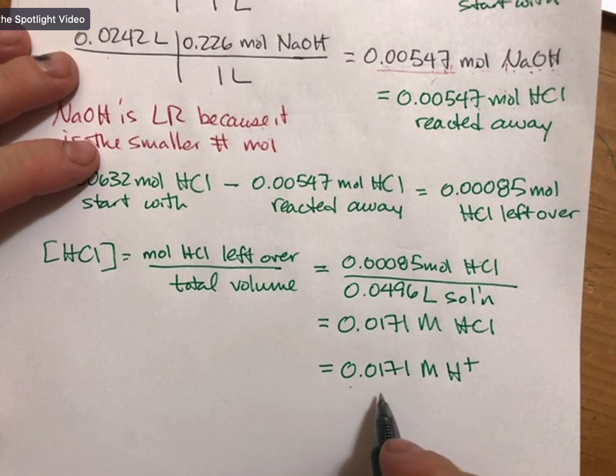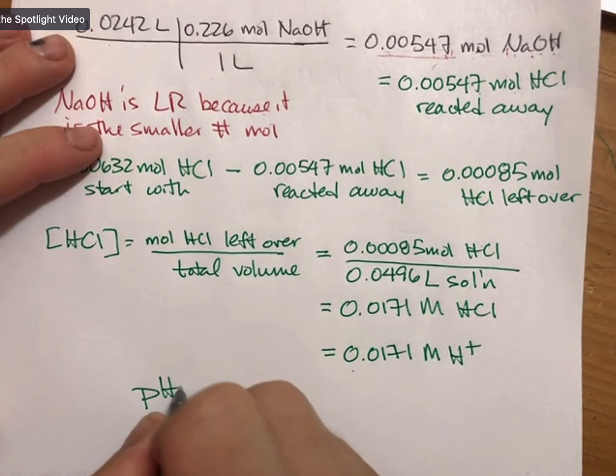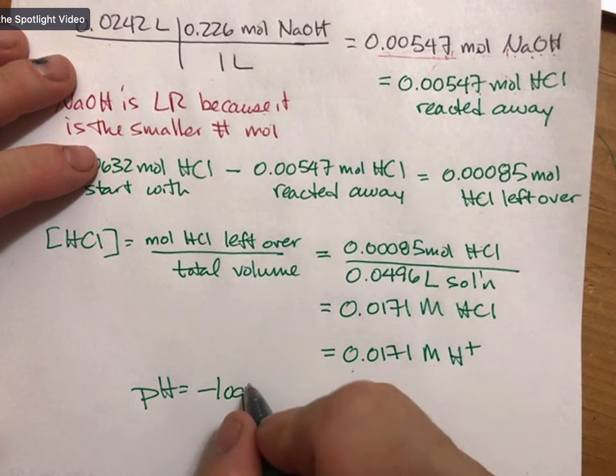Okay, then my final step is if I know my concentration of H plus, my pH is the negative log of this concentration.